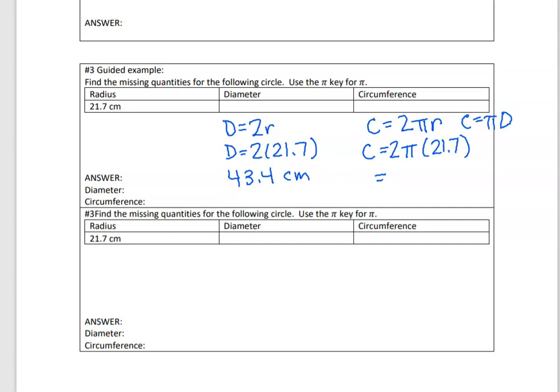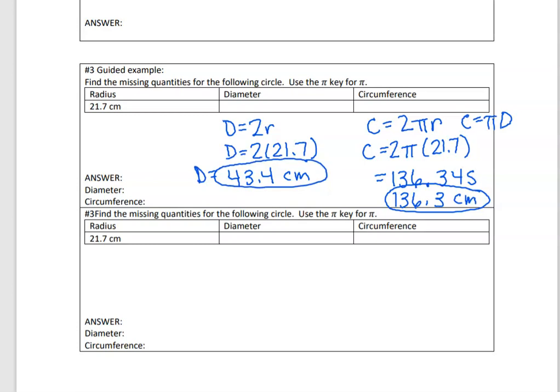So 2 times pi times 21.7 is getting me 136.345. And it depends on what they're going to ask you to round to, so just make sure you pay attention to that. If I round this to the first decimal place, that would be 136.3 centimeters. So there's my circumference, here's my diameter. Okay.